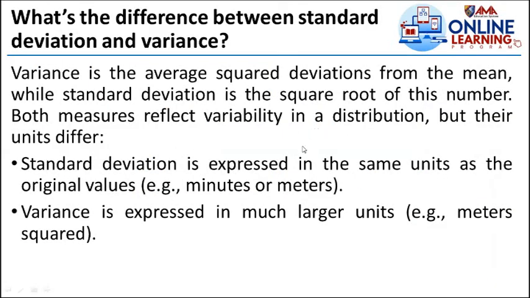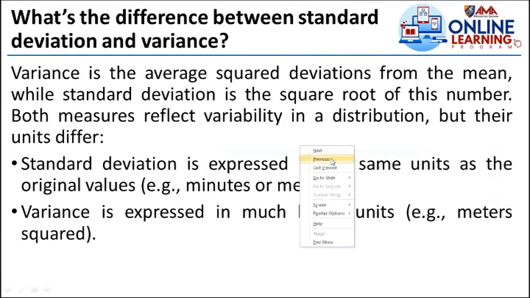Next, let's know the difference between standard deviation and variance. Variance is the average squared deviation from the mean, while standard deviation is the square root of this number. Both measures reflect variability in the distribution, but their units differ.